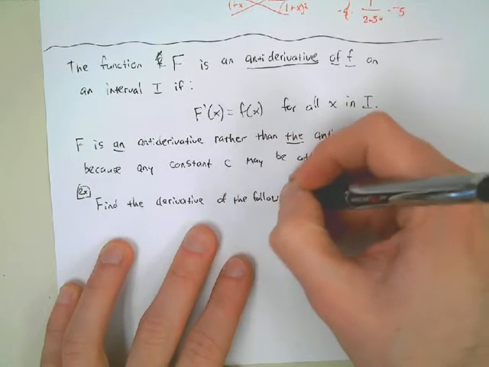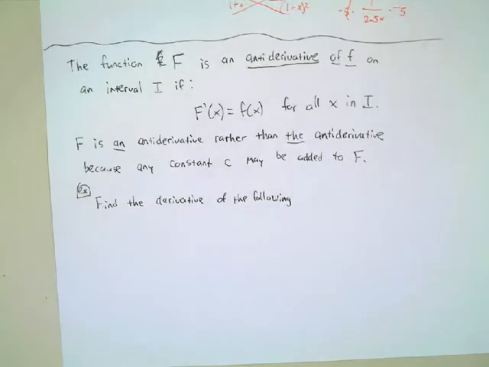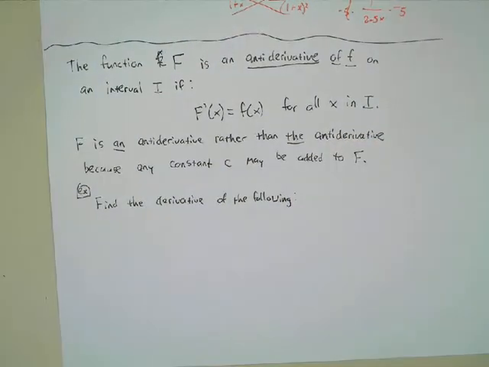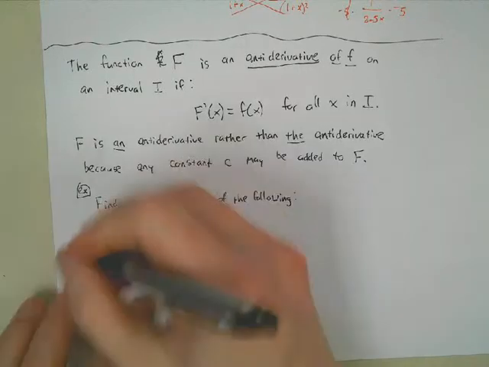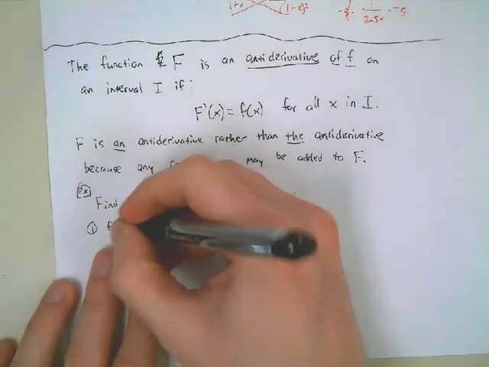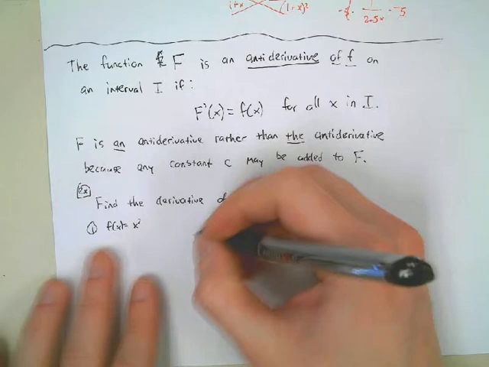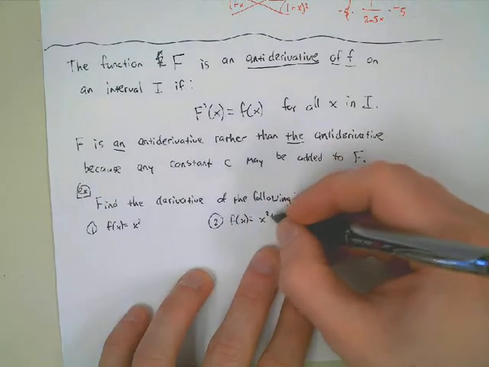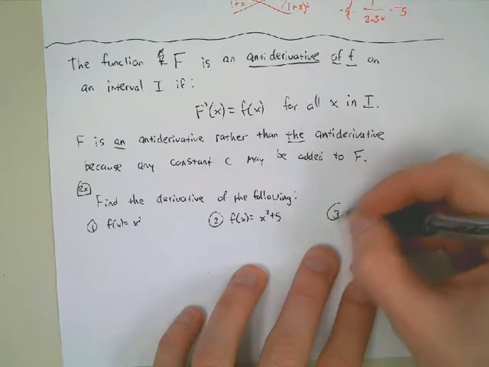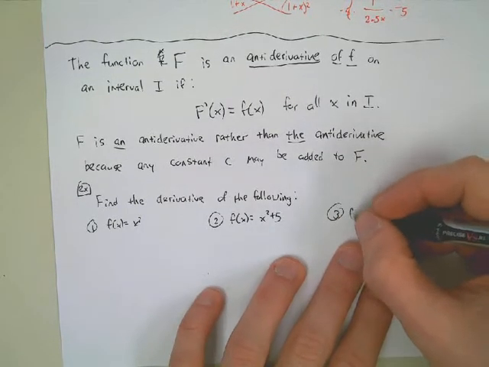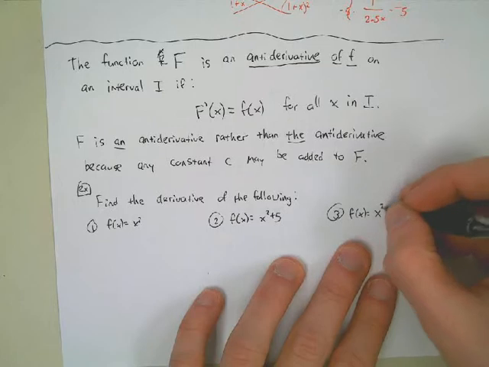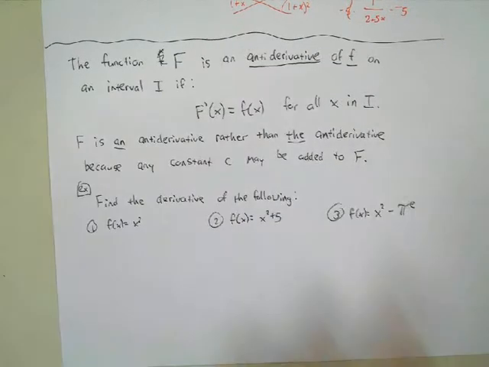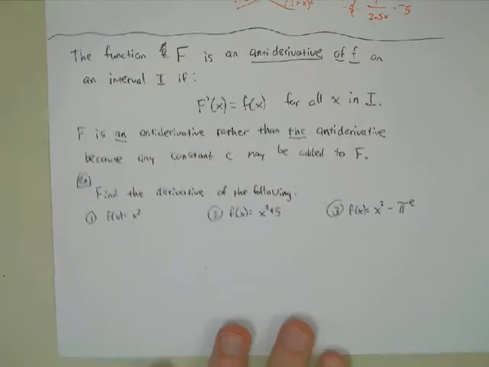This is an example of that statement we just wrote down, to really drive the point home. So let's say we want to take the derivative of these three functions. It says find the derivative of the following.